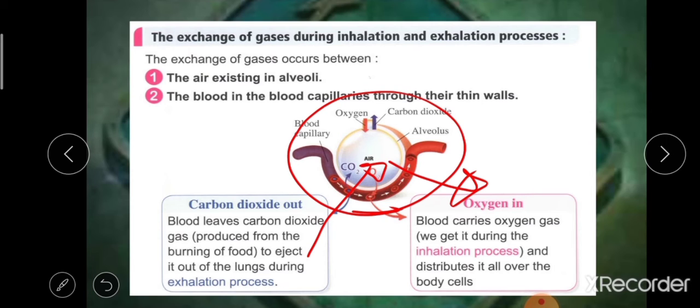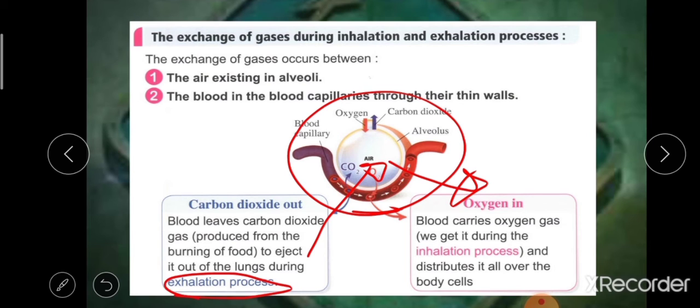So the exchange of gases occurs between the air in the alveoli and the blood in the blood capillaries. Blood takes oxygen from the air in the alveoli and removes carbon dioxide gas and water vapor to the alveoli. Then the lungs expel air containing carbon dioxide gas and water vapor through the exhalation process.